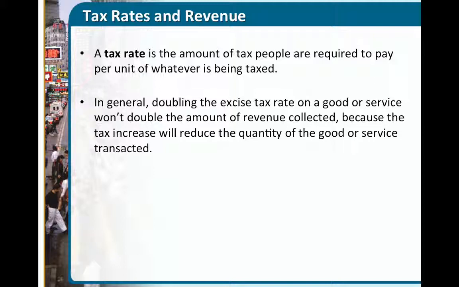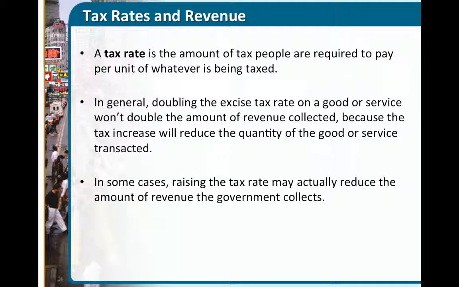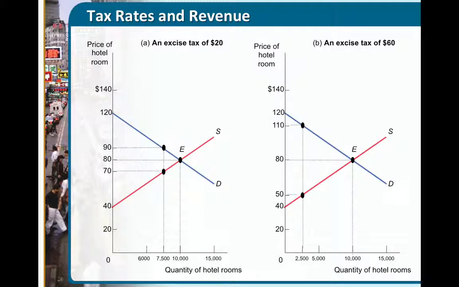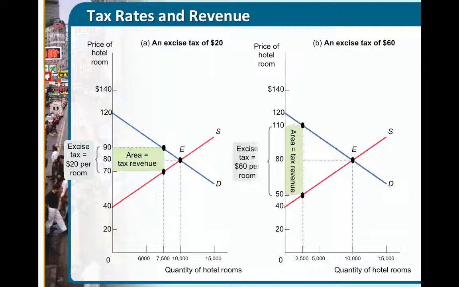The tax increase will reduce the quantity of goods and services transacted, so you'll get less quantity. So sometimes raising the tax rate may actually reduce the amount of revenue. You could see here's a good example between an excise tax of $20, you got that revenue there, and an excise tax of $60 per room.